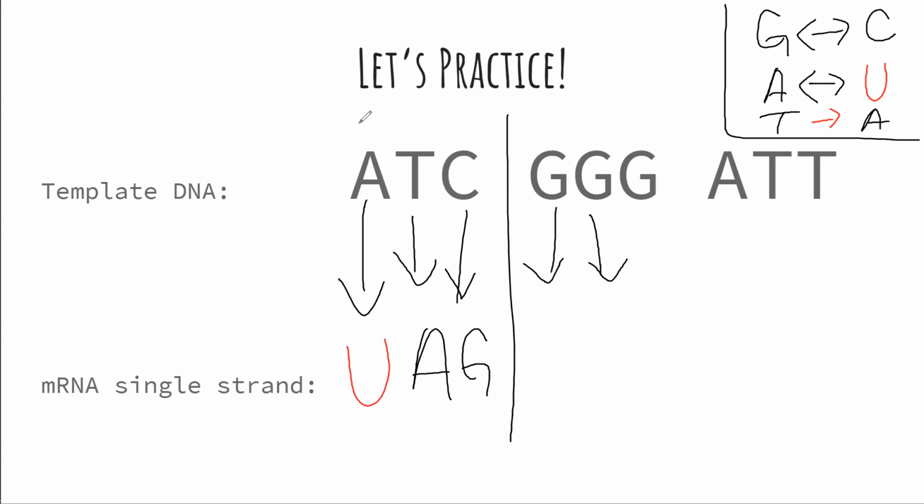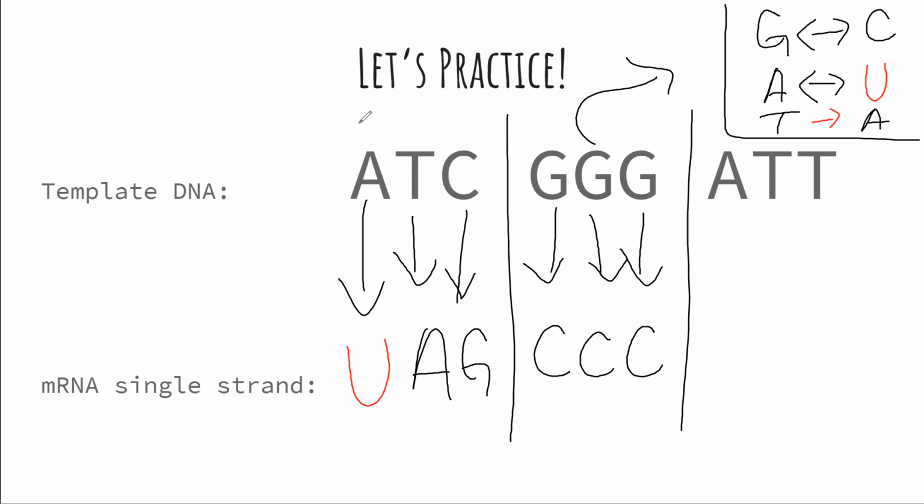So what are my next three complementary base pairs on my mRNA strand from my template DNA? What do G's always pair with? Refer back to our rule. Right, C, C, C. Good job. And let's do the last one. Here we go. There's an A in DNA. What do A's pair with from DNA to RNA?